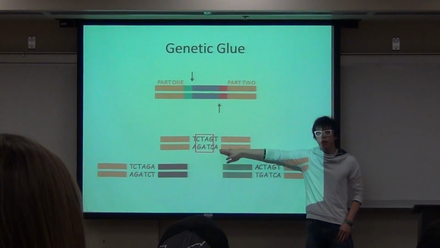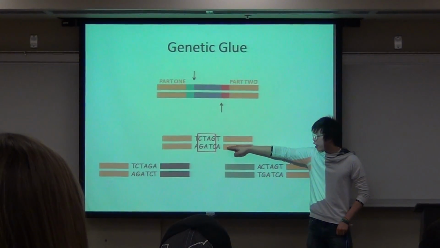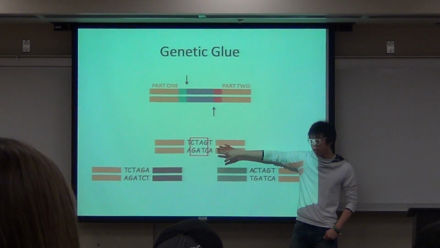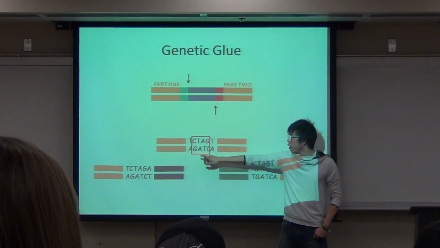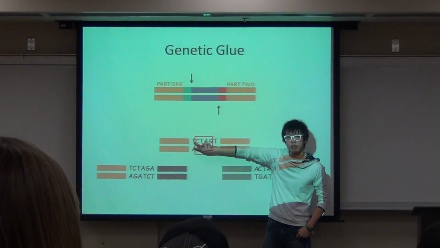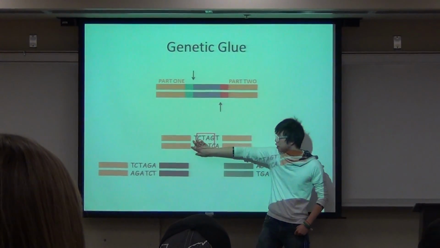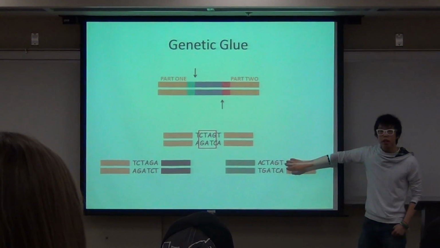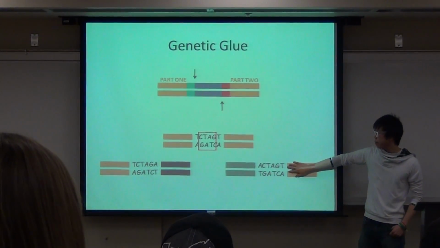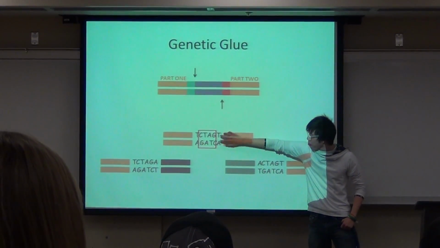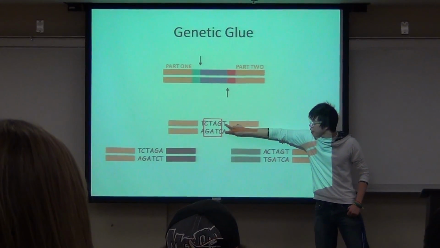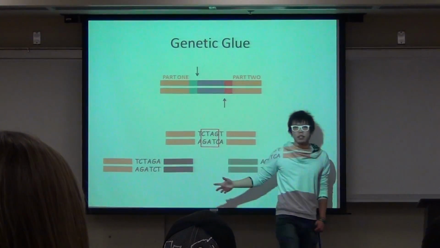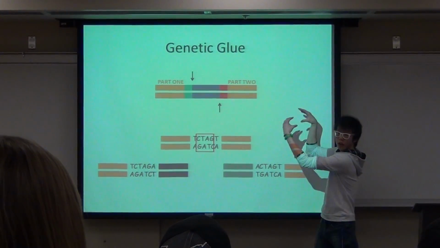So this new sequence that we have, it came together because the middle 4 match up, but this side of this sequence is the same as the XbaI one, and this side is the same as the SpeI one. So just note that this side is the same as this side, and this side is the same as this side. And that makes sense because the 2 parts came together.